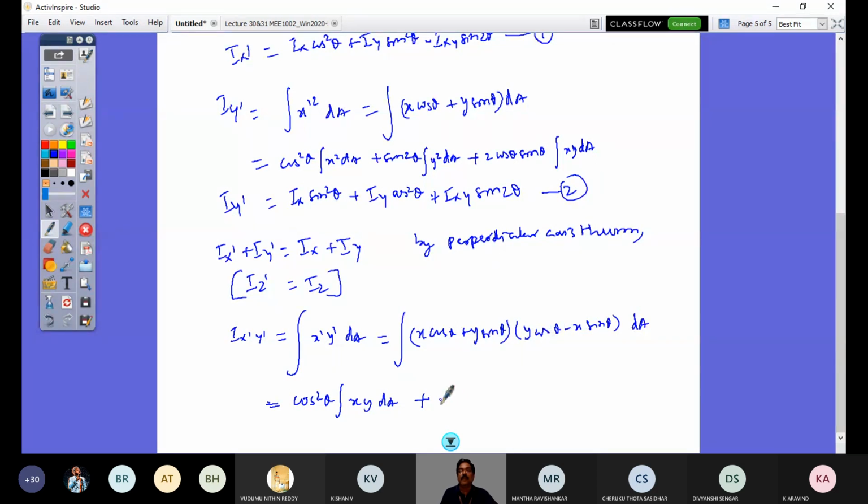So cos theta sin theta, let me take it out, it's integral y squared dA, and again this minus x squared into sin theta cos theta, so it's going to be minus cos theta sin theta and in bracket x squared dA, and then I have x and y product and sin squared, so that's again minus, so minus sin square theta integral xy dA, right?